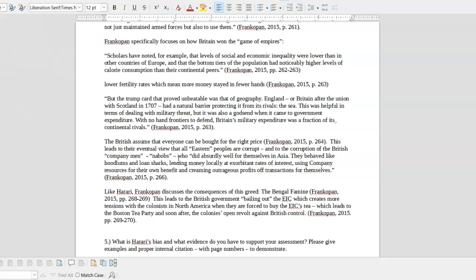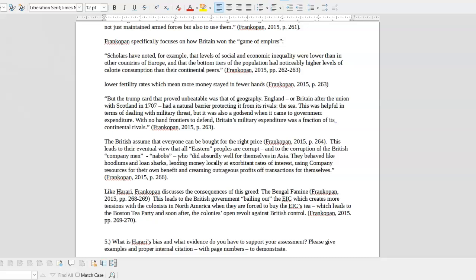They begin to view all Asian peoples as corrupt, as being able to be bought, and eventually that corruption will extend into the British themselves and into other representatives, because buying people leads to you being able to justify making more money and taking advantage of people as well.